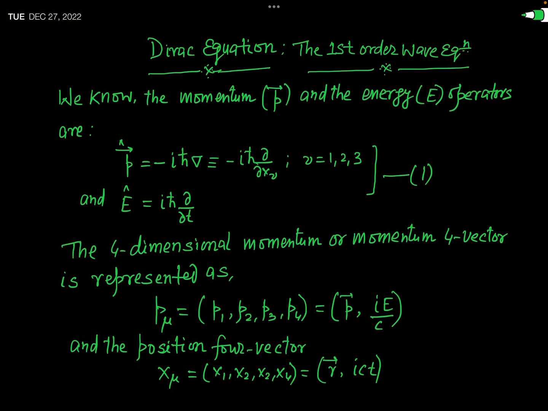spin 1/2, are described by a first order wave equation. There are two first order wave equations you have seen in that lecture. The first one is called the Dirac equation and the other is the Weyl equation.